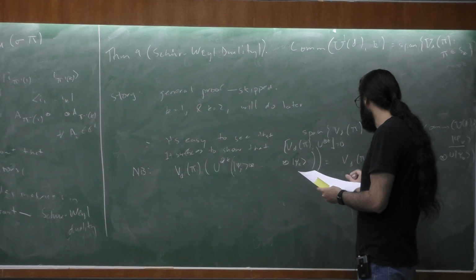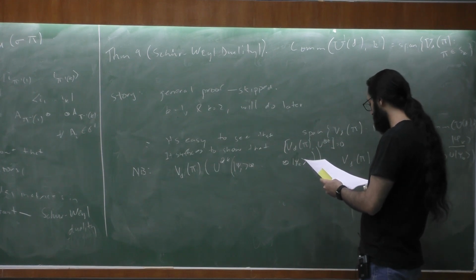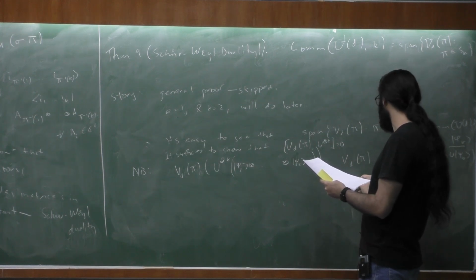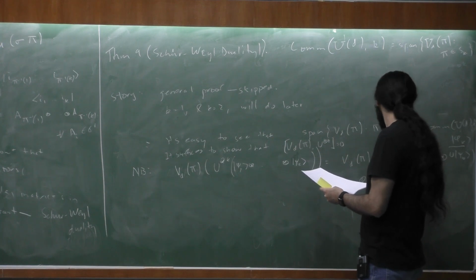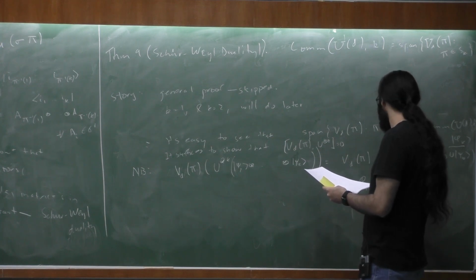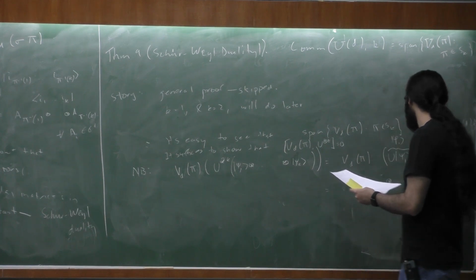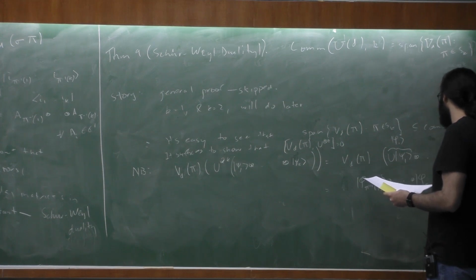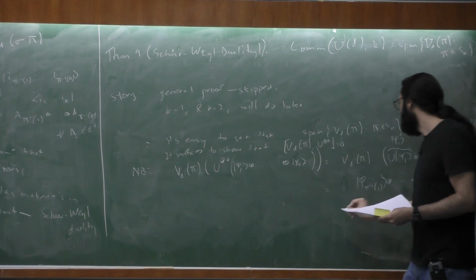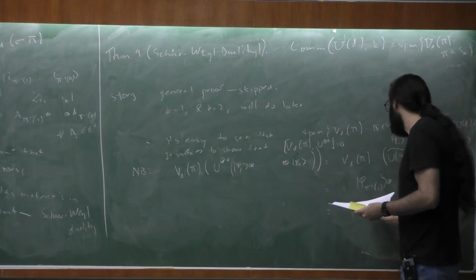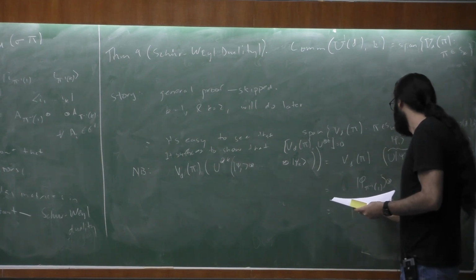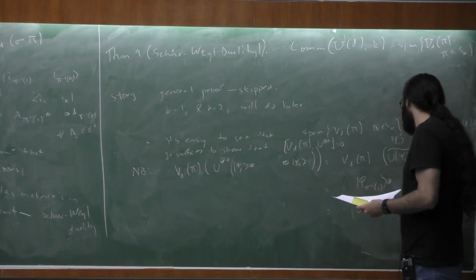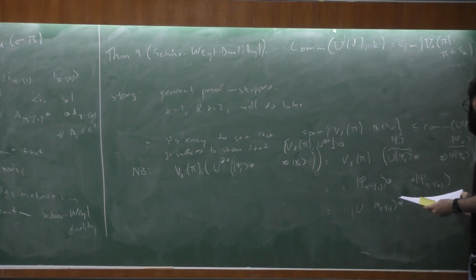So this would give you phi of pi inverse 1 tensor through phi of pi inverse k, right? So that's fine. And what that would mean is that you basically just have U of psi pi inverse 1 through psi pi inverse k, just substituting it back, I'm not doing anything.